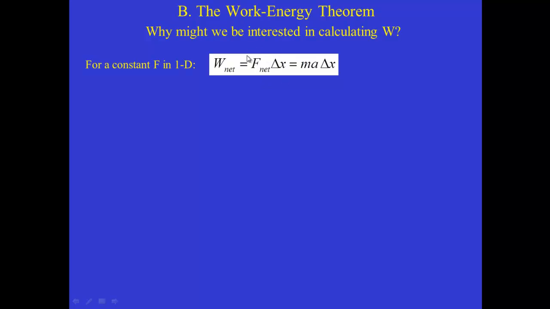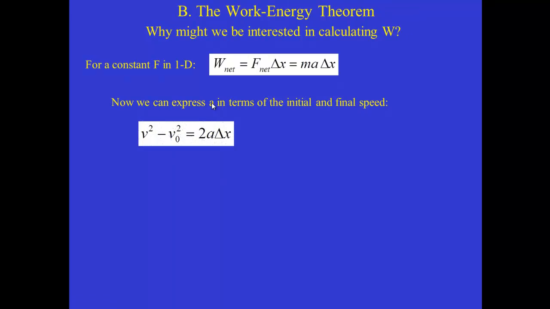And so because this F net represents the sum of all the forces, we can replace it with mass times acceleration according to Newton's second law. And because we're dealing with a constant force, we know that it has a constant acceleration. So we can now go back to one of our kinematic equations for constant acceleration motion and express the acceleration in terms of the initial and the final speed using this familiar equation. So solving for a gives us v squared minus v0 squared over 2 delta x.